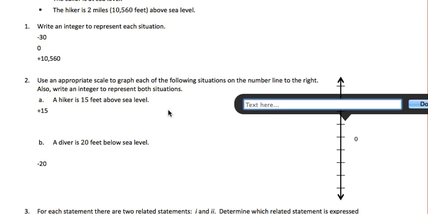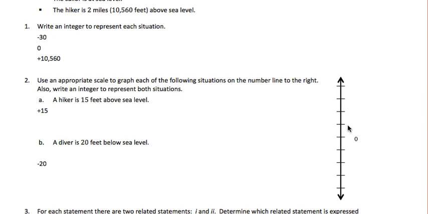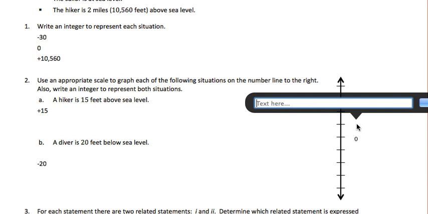But since I know that 15 and 20 are both multiples of 5, let's just check and see if we can go by 5s. 5, 10, 15, 20, that looks good. And 5, 10, 15, 20. Looks like we have a good interval there. So then let's number the number line first of all. 5.